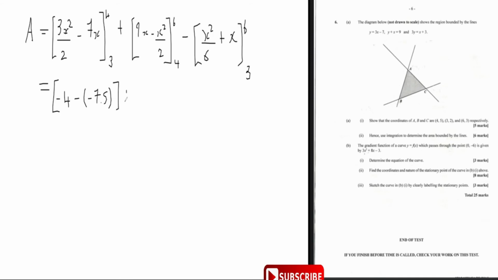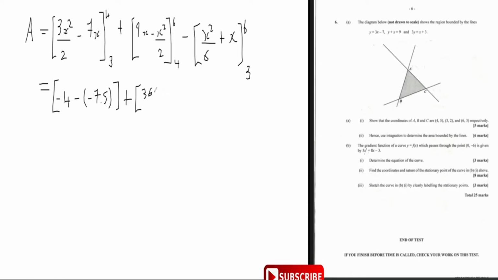Plus, now I need to put in 6 and 4. When I put in 6, I get 9 times 6 minus 6 squared divided by 2. I get 36 to be the answer. Then I put in 4. I'm going to get 9 times 4 minus 4 squared is 16 divided by 2.